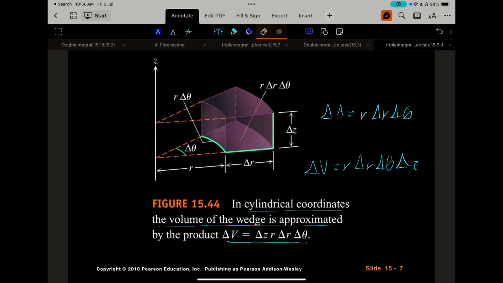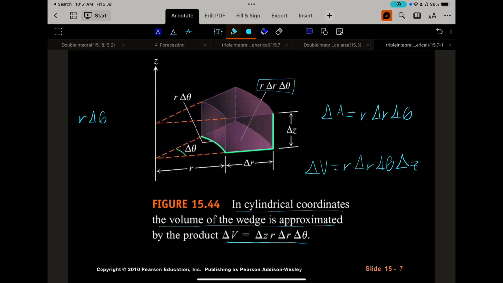So that's a wedge. And so basically when we multiply delta r and delta theta, and then by delta z, it's going to give us this specific volume. So this is r, this is delta theta, and this is the length r. So multiply r delta theta like this.